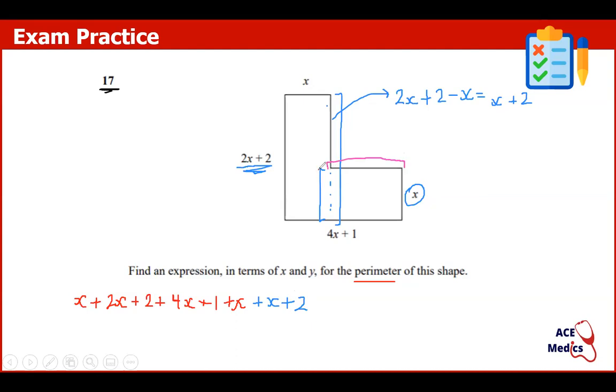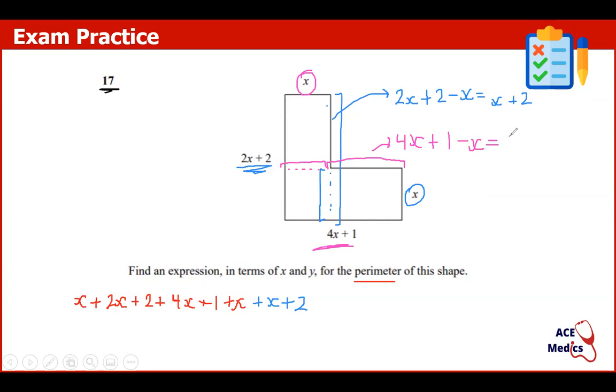We know that the whole thing going this way is 4x plus 1. Yeah? We know that that bit is x. So we need to take off the x, and that will give us what we want.